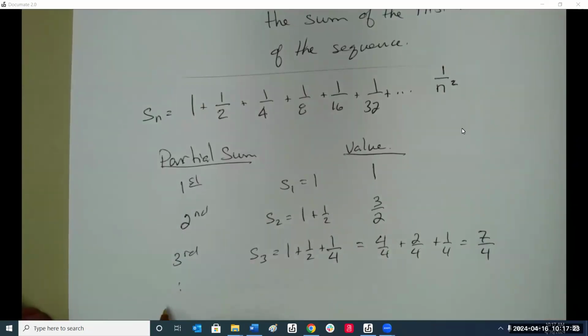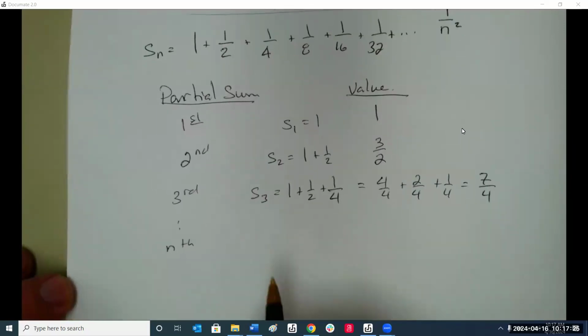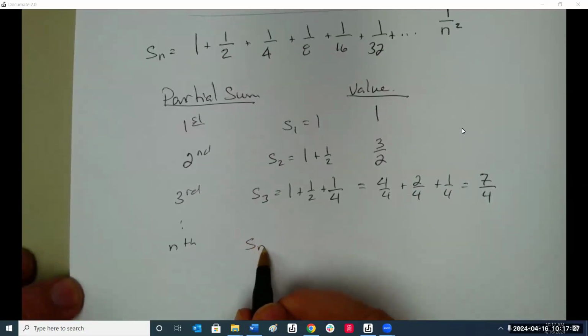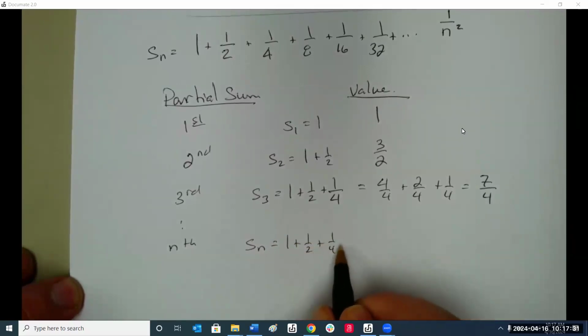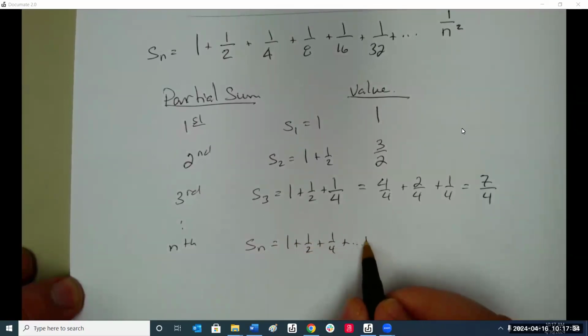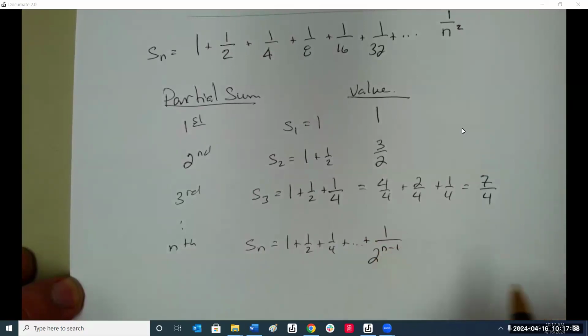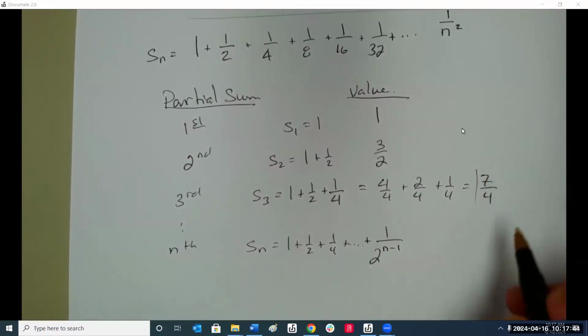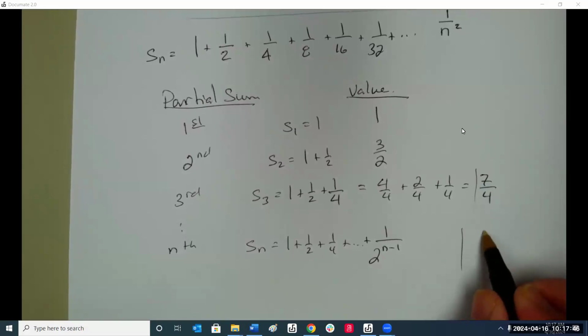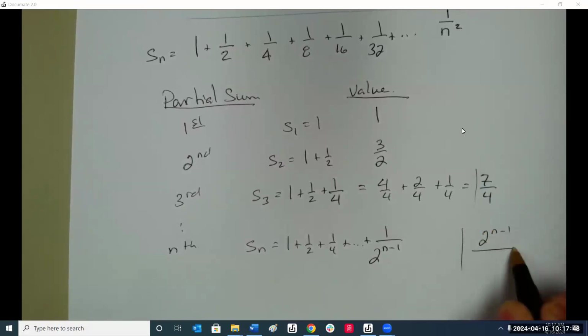And so on and so forth. The nth term is going to be the sum all the way to 1 over 2 to the n minus 1, and the value is (2^n minus 1) over 2^(n minus 1).